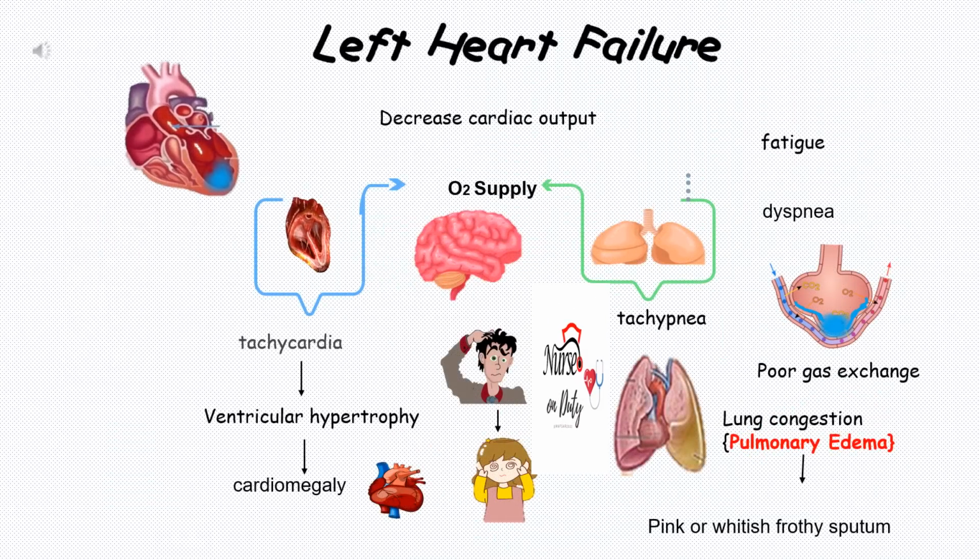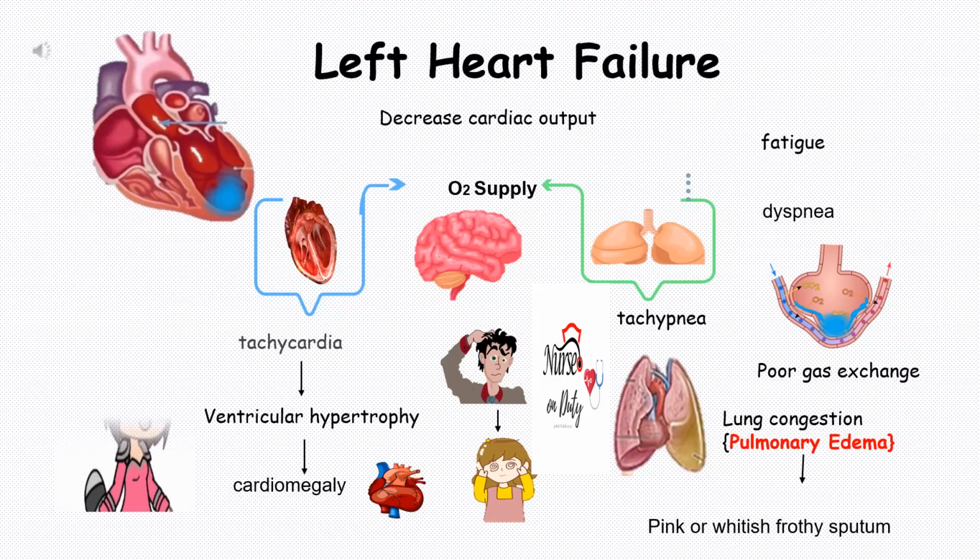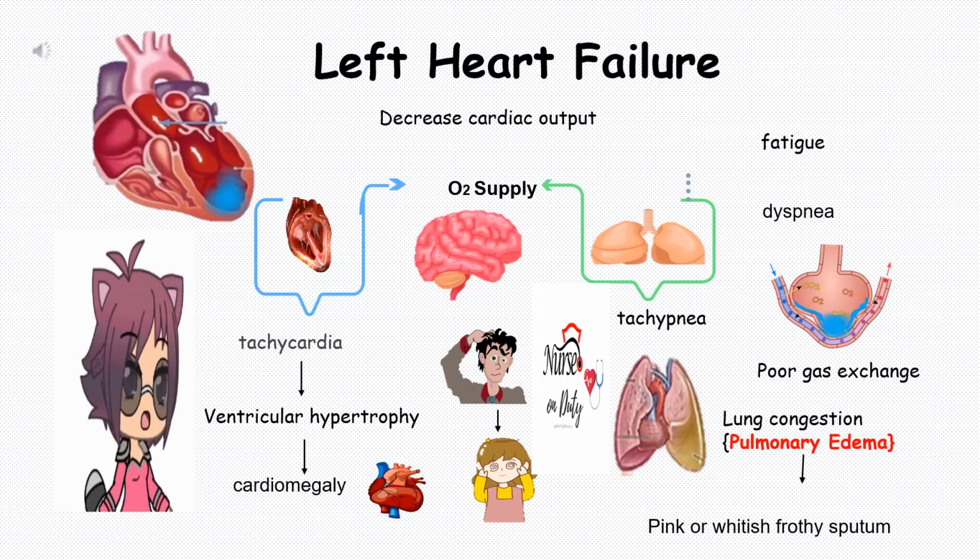Sa left congestive heart failure, we know that the manifestation is more on respiratory congestion. So, yung first manifestation or these are the earlier manifestations, yung fatigue usually occurs, decreased yung cardiac output. Pag decreased ang cardiac output, decreased din yung oxygen supply into the tissues and cells.